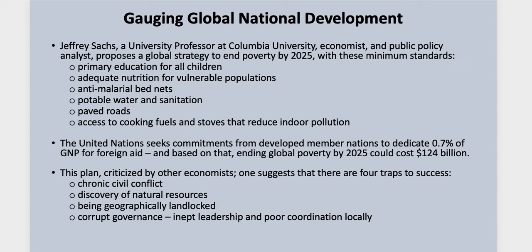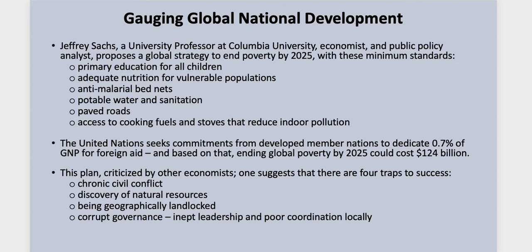And if that were provided, Sachs believes that global poverty could be ended by 2025 at the cost of $124 billion. I don't know. It doesn't seem like such a huge figure when you think about this globally, but there may be things I don't understand about that.